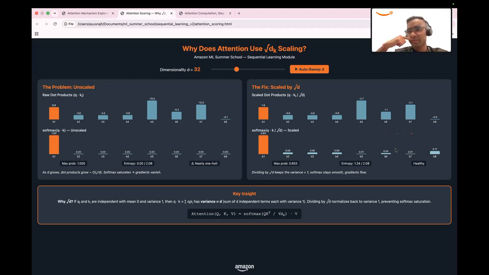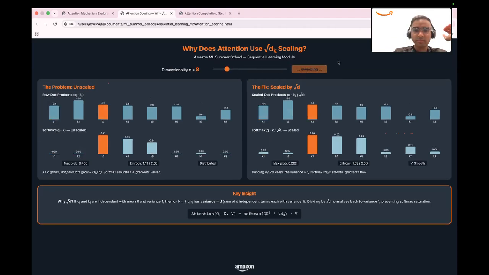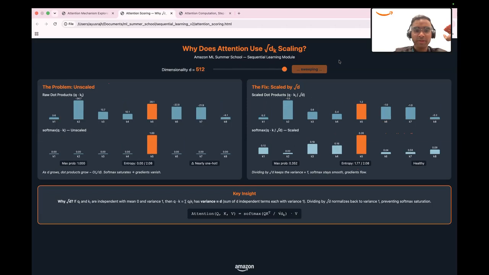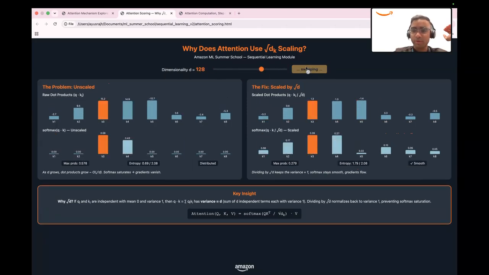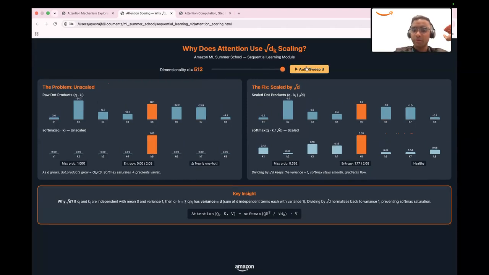Here, the point is we divide by root d so that we don't have just one attention value very high, not attending to any other tokens. We don't want this. As we keep increasing d, the spike gets much worse. To avoid that spike, we have this fix of dividing by root d.